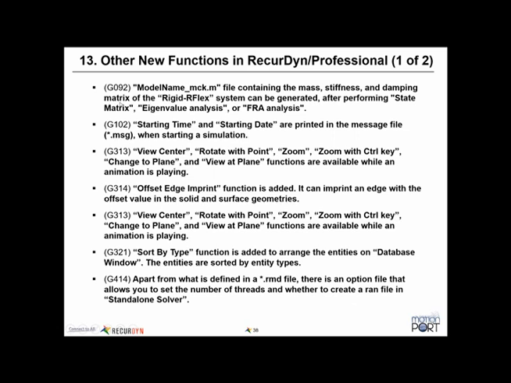This is all related to doing the eigenanalysis, so there's a state matrix that's created and so forth. Anyway, all this can be output to this .m file for use with Simulink.